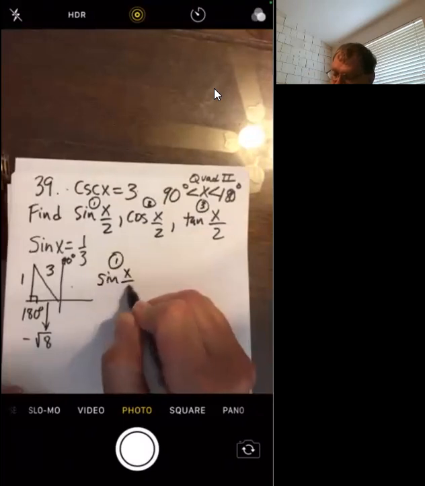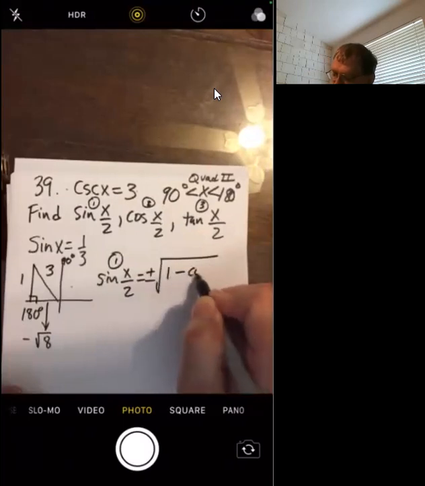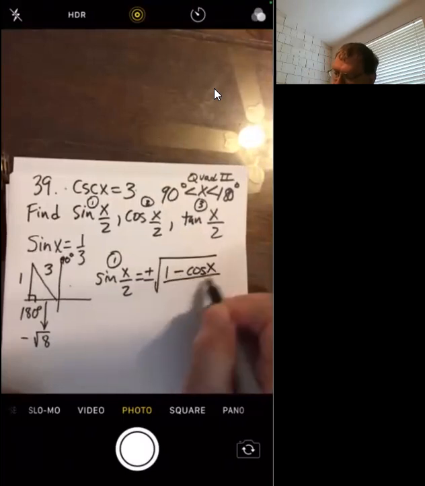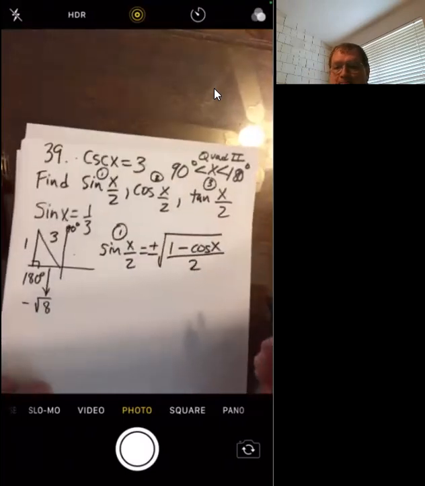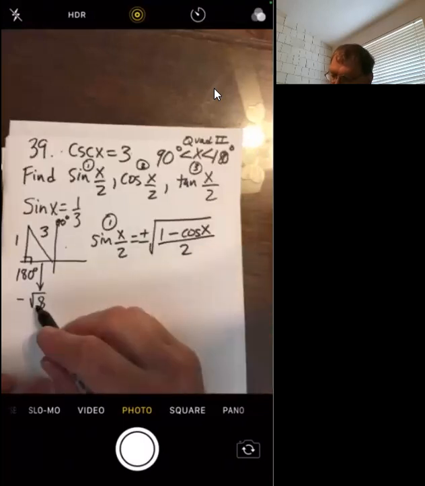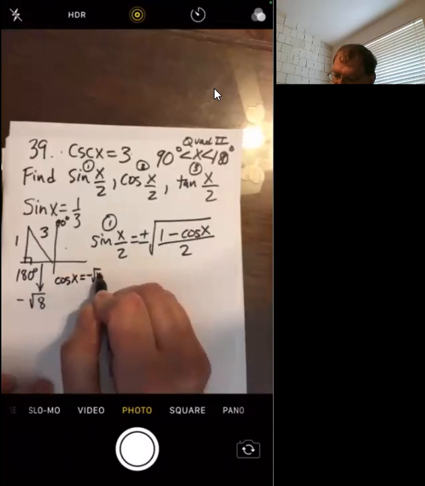Sine of x over 2 is plus or minus big square root of 1 minus cosine of x, all over 2. So you need cosine x, which is negative root 8 over 3. Your cosine x is negative square root of 8 over 3.